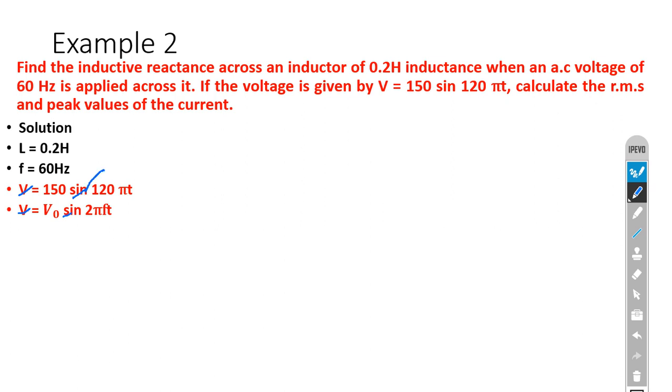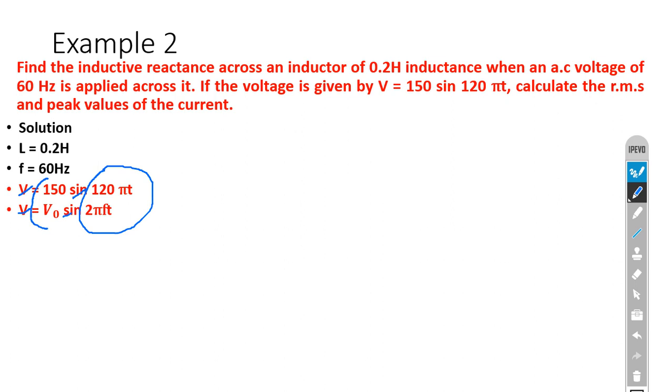I can as well deduce the frequency from here, like we did in our first class. So if you've not watched that tutorial, I would like you to go and watch it. From here, assuming the frequency was not given, I would have been able to deduce the frequency using this method of comparison.